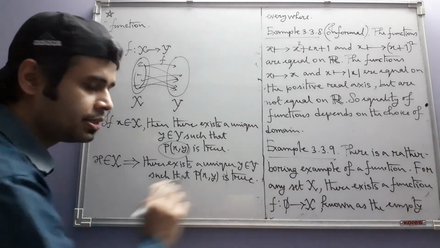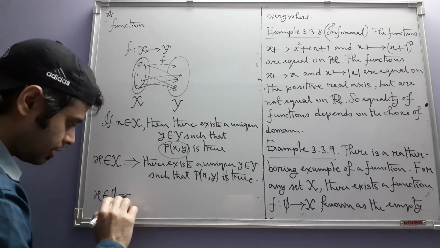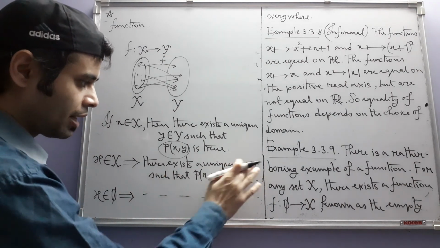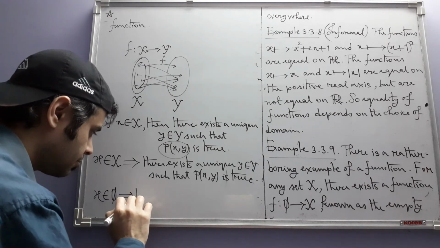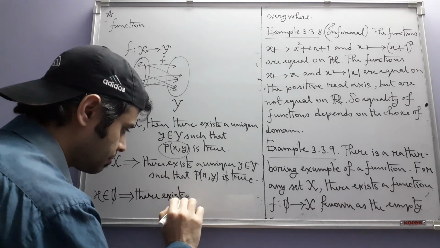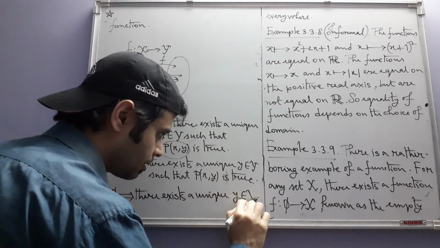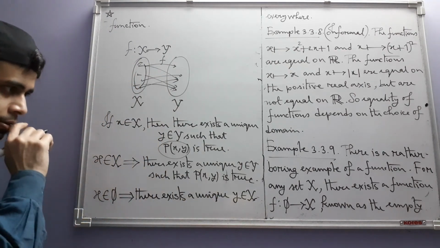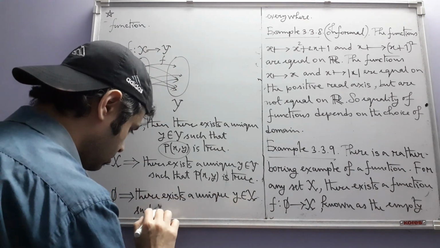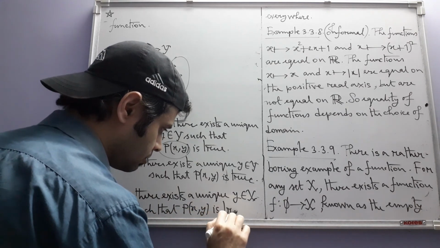You see here the domain is empty set. So that means for every x belonging to the empty set, I have this. Where of course for this y has to be, okay, let me just write it once more for the sake of clarity. A unique y belonging to X, don't confuse this x with this x, okay. Here the range is X such that P(x, y) is true.